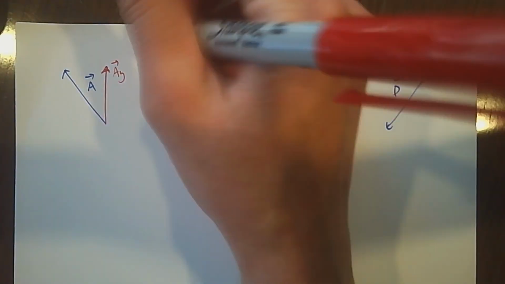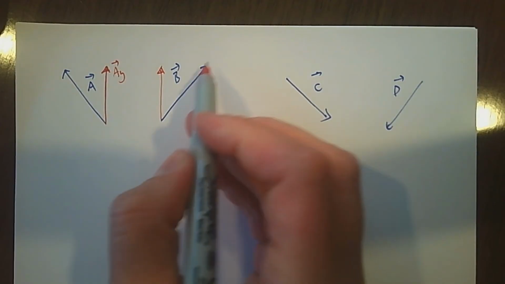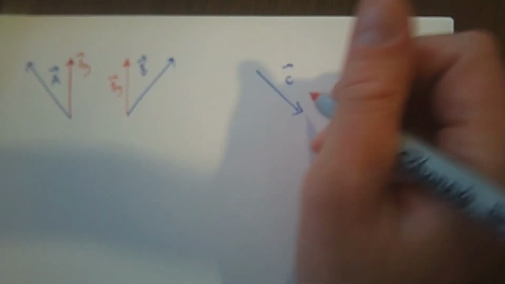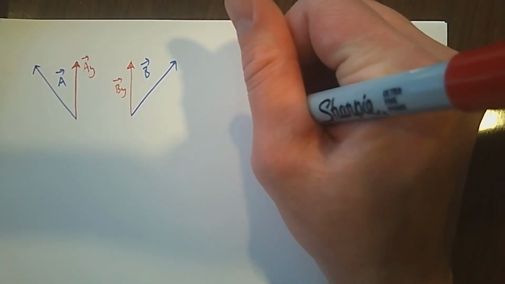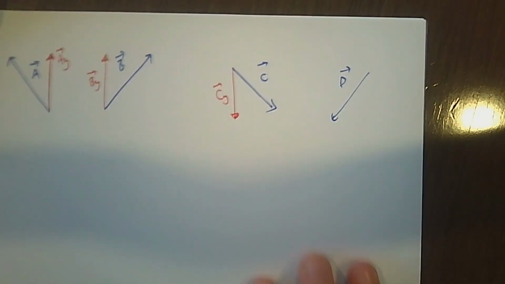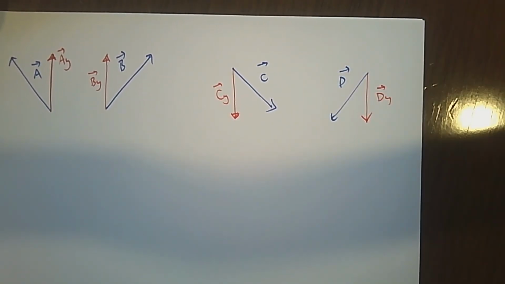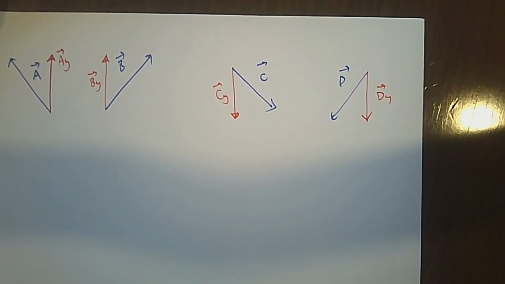And same thing with B. Goes up to the same height, and we can call that BY. CY would be down here, and DY would be like this. Now, let's draw the x components.